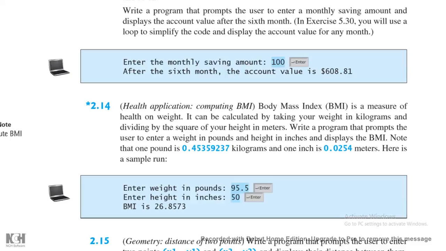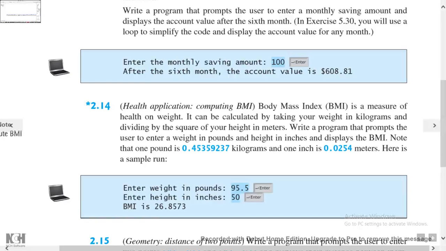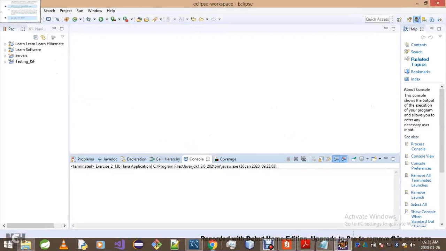So you gotta write a program that prompts the user to enter a weight in pounds and height in inches and displays the BMI. Note that 1 pound is that number of kilograms, and 1 inch is that number of meters. So here is a sample run. Luckily they gave us a sample run, so we at least have something to look from.